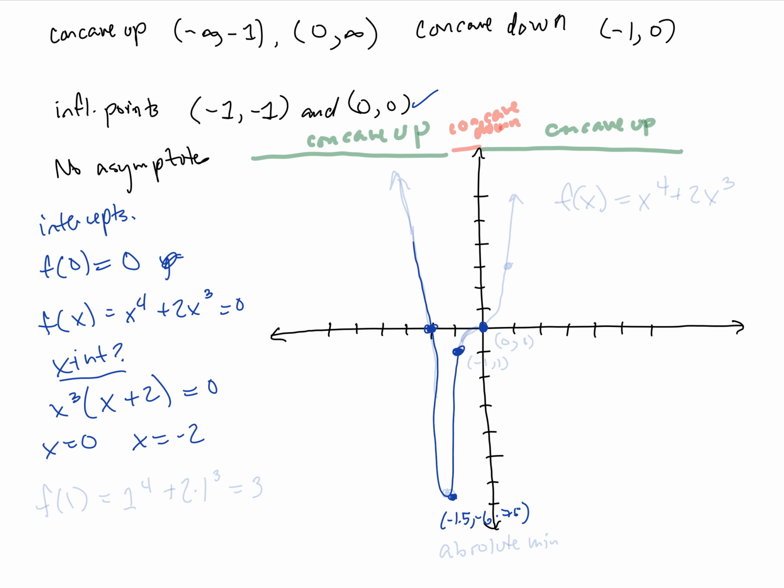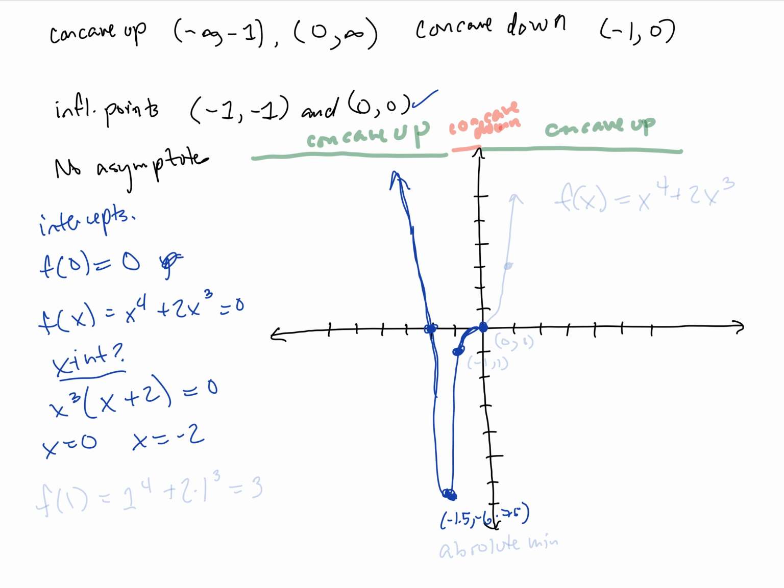It must be doing something like this, being concave up over that interval. So that's that negative 1.5 point down there. And then it's concave down over this short interval from negative 1 to 0. So it's concave down right there. And then it is concave up again from 0 to infinity.